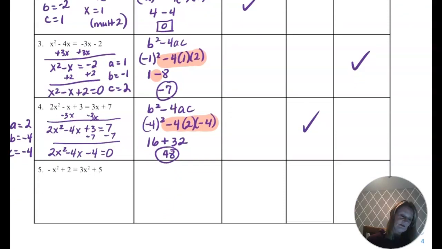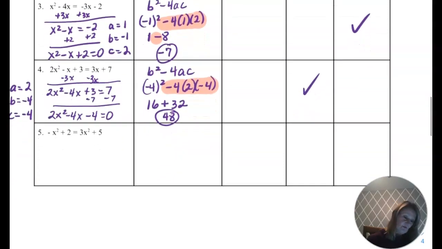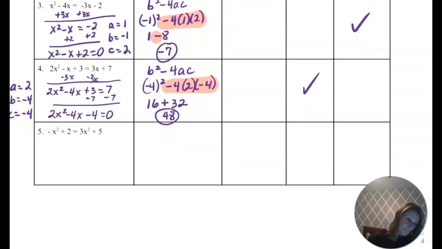Okay, and then the last one real quick. Again, if you haven't tried one, I would pause and do that. So I'm going to minus 3x squared. You could go either way with it. It doesn't make any difference. Some of you like it always being positive. And now I'm going to move my 5 over.